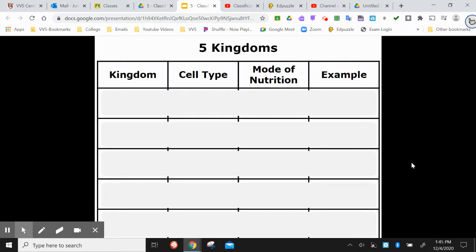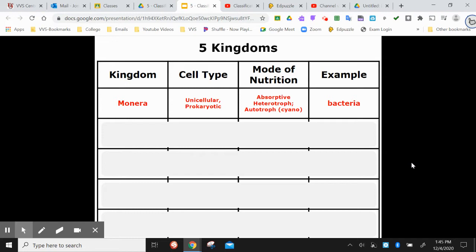All right, five kingdoms. Take a look at each one individually. First one, Monera. It is a unicellular organism. Okay? That means it's made out of one cell, single cell, and it's prokaryotic. It has no nucleus. Mode of nutrition is how does it get the energy, the food that it needs?